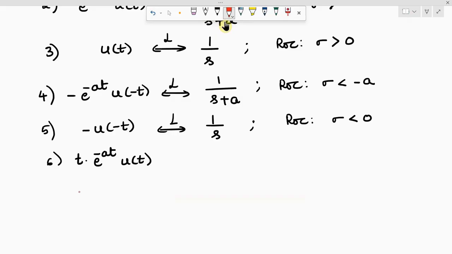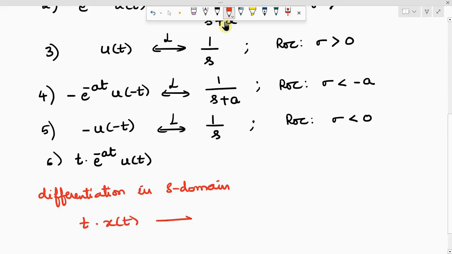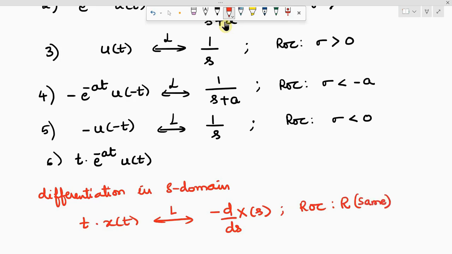Yes. So, the differentiation in S domain property. The statement is: t into x of t will have the Laplace transform of minus d by ds of X of s. Clear? And the ROC is the same R. Am I right? Yes, sir.